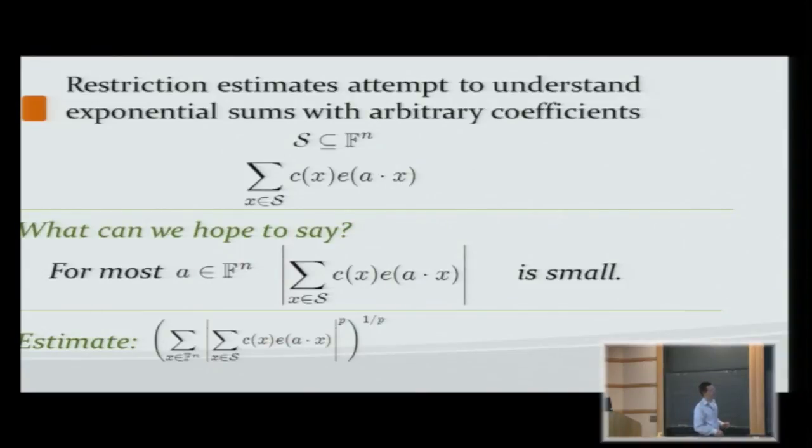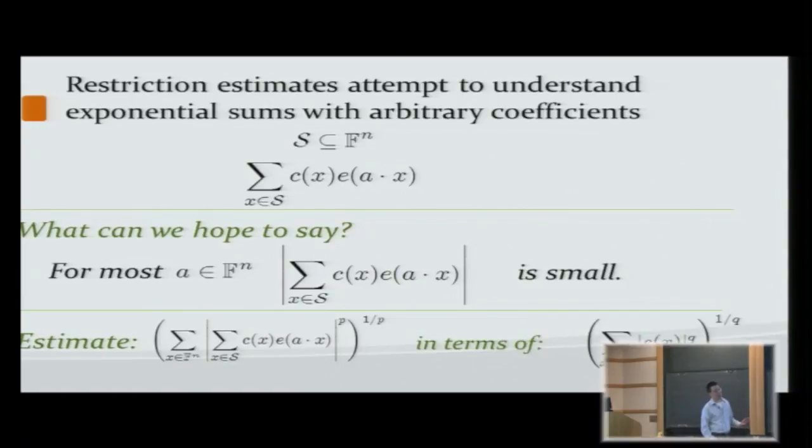If the sum is small, a high L^p norm will be small. So the idea is, if we can control this for a high p, then this will tell us that there's a lot of cancellation. You have two sums which have dependency on X? Oh, this should be a sum over A. I'm sorry, that's a typo.